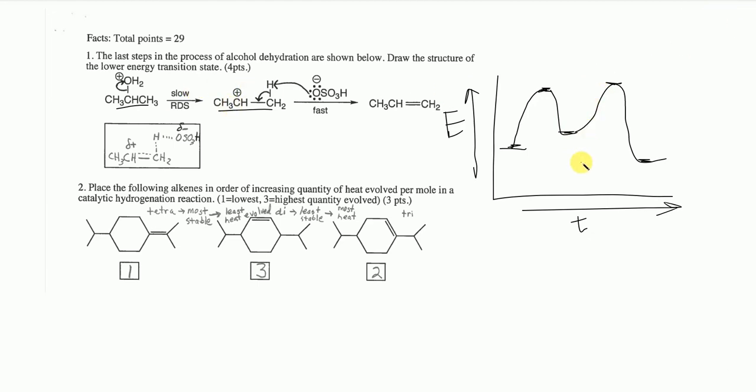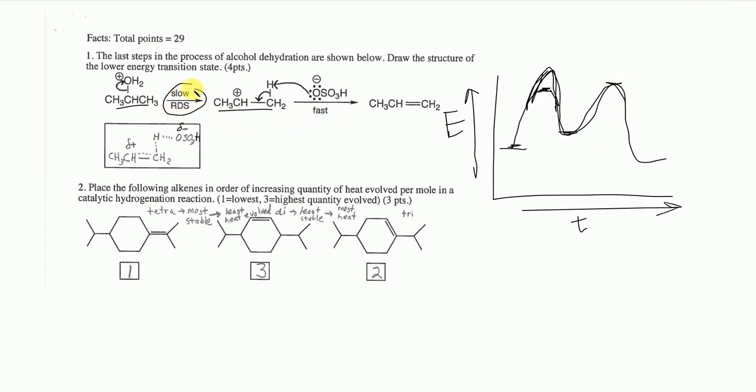Obviously I just made this graph from my own randomness, not accurate, but essentially the lower energy transition state is going to be reflected by the one that's not the higher one. If I'm accurate about this, this should be higher than the second one.